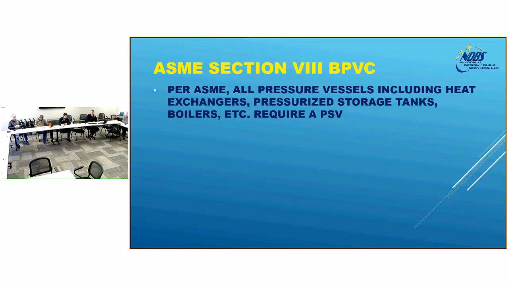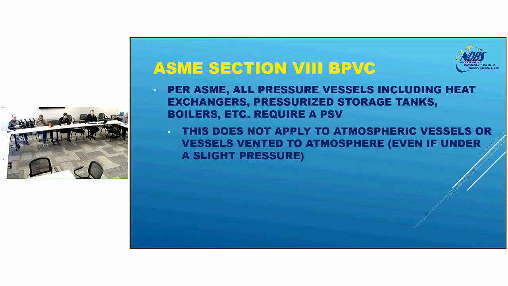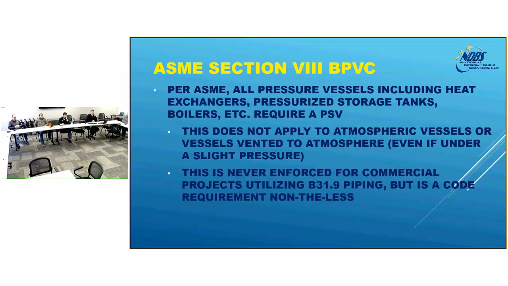So if you're less than 4 cubic feet, then you do not have to adhere to Section 8. It also does not apply to any atmospheric vessel. So even if you're under a slight pressure, like a condensate receiver, if it's been in the atmosphere, it's never enforced on your commercial projects. But I wanted to point out that it's still a code requirement.